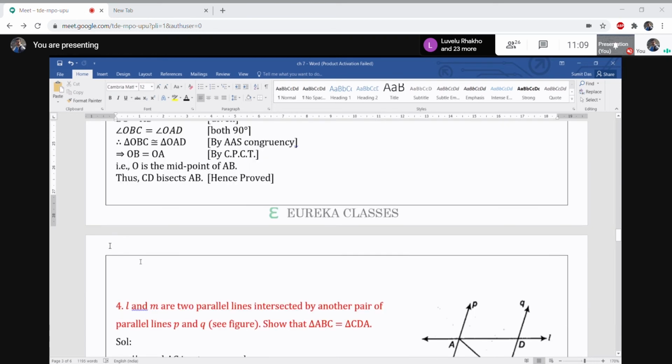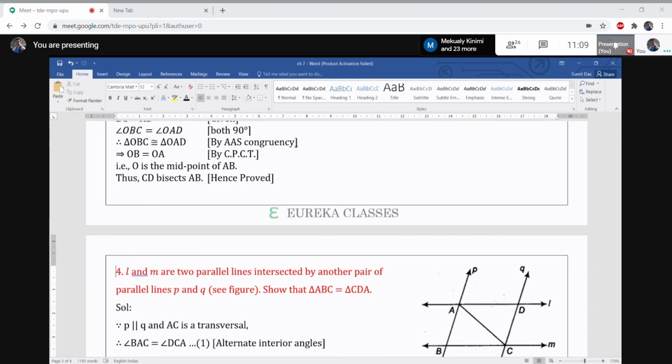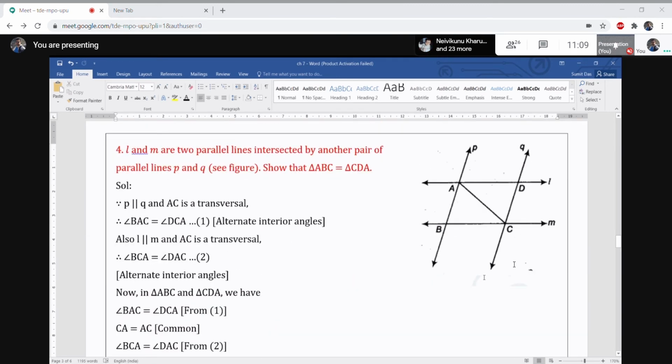Okay. Question number 4 is saying that L and M, you can see two lines L and M. They are parallel.